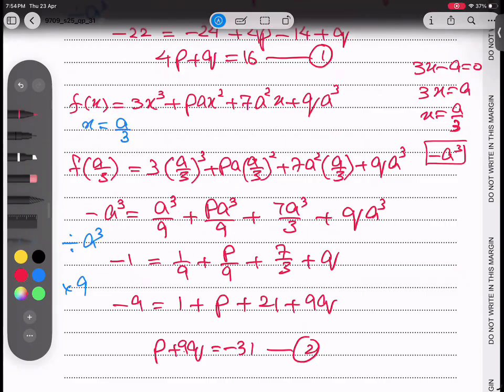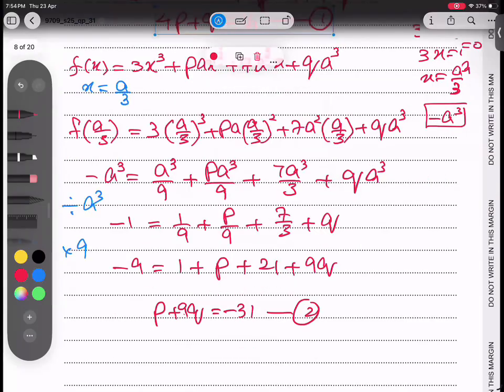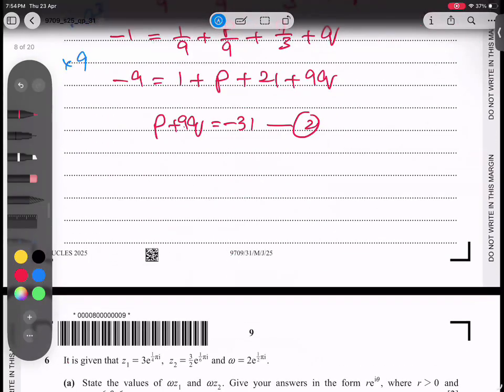So I'm copying equation number 1 from here and I'm pasting below. Okay. So what to do, students? Naturally, we can see here, I think I can multiply the upper equation by negative 4.